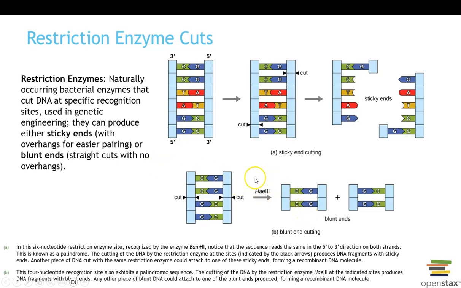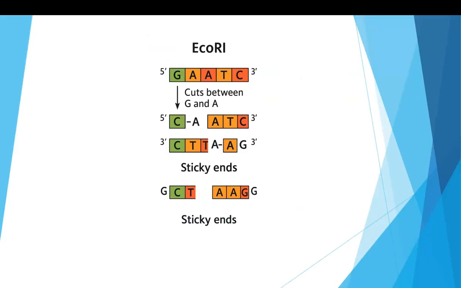So we're gonna cut the plasmid with the same restriction enzyme, and then we're gonna cut that insulin gene with the same restriction enzyme, and then with the help of the ligase they can glue them and attach them together.